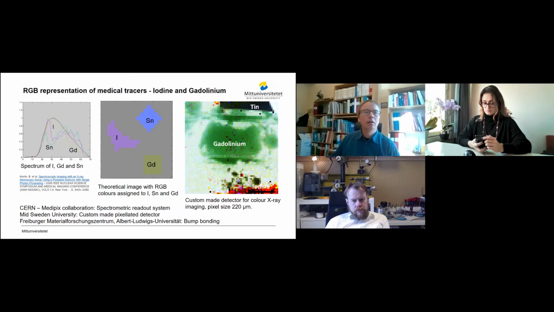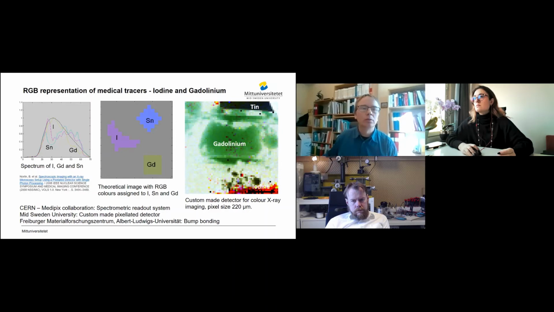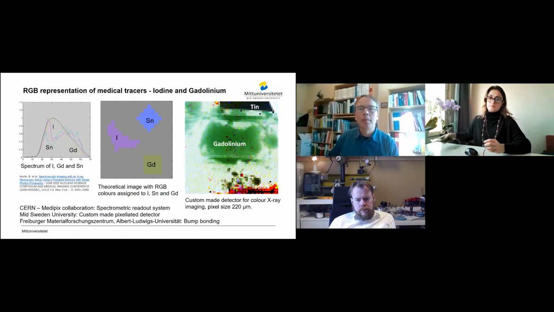And then we had the Medipix system, and I actually built a detector for this one, with 220 micrometer pixels. I got some help from a student in Freiburg, from Albert Ludwigs Universität, to do the bump bonding of my detector to the system. We got quite early images of these different samples.